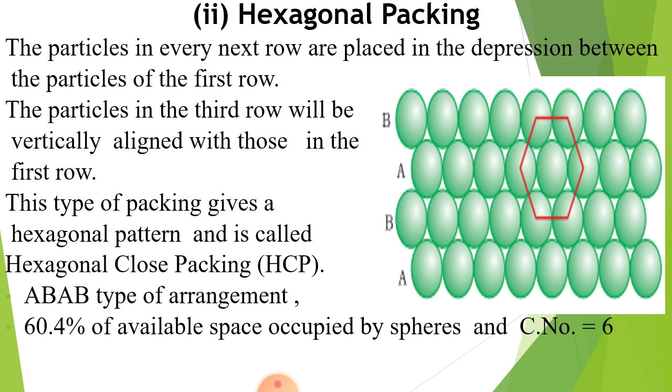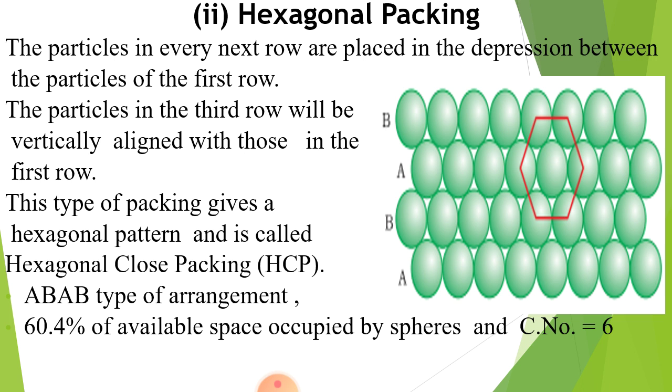This type of packing gives a hexagonal pattern and is called hexagonal close packing, HCP. Here the arrangement is ABAB type. The first row is different from the second row, but the third row repeats the first row. That's why an AB type arrangement is possible here.